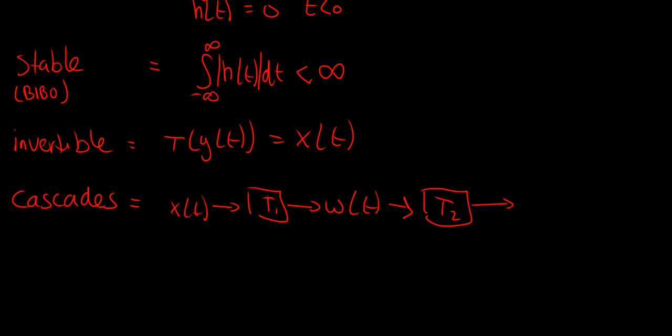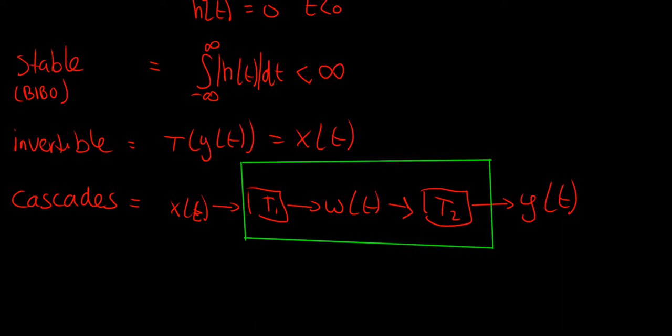This can even go onward forever, but let's just say two systems. Then we knew that if we convolved the input with our impulse response, then we get the output. But actually we can see this as one big system.